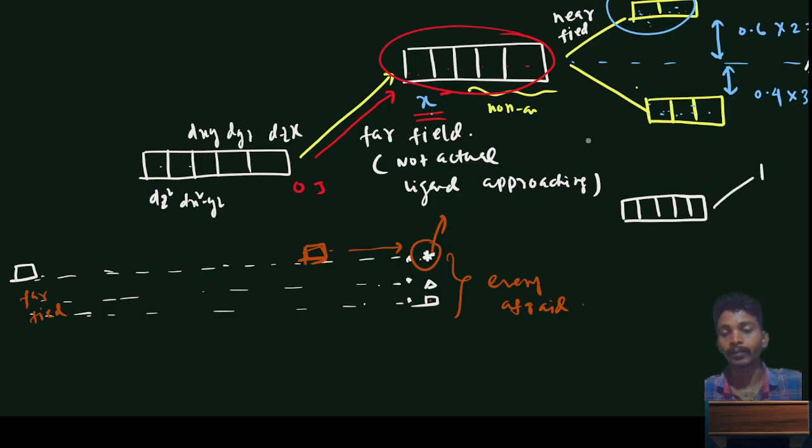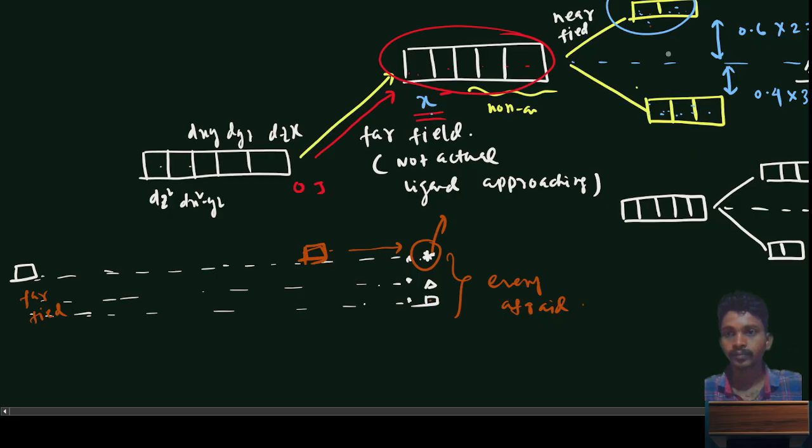Tetrahedral means ligands are approaching in the non-axial side, so the non-axial orbitals get excited, 1, 2, 3, and the axials will be down. So this very center gap is delta T. For octahedral, there is delta naught. Okay, this is the distance between them.